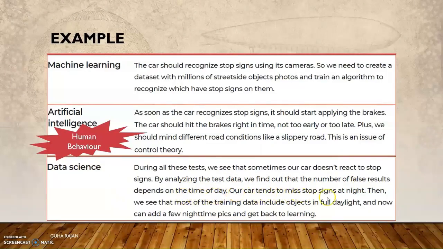Our car tends to miss the stop sign at night. Then we see most of the training data includes only full daylight. Now we need to add a few more nighttime pictures and get back to learning. So while training using the machine learning process, add nighttime pictures as well.